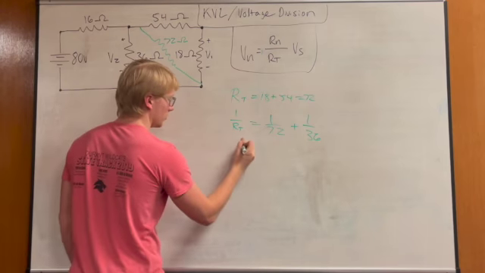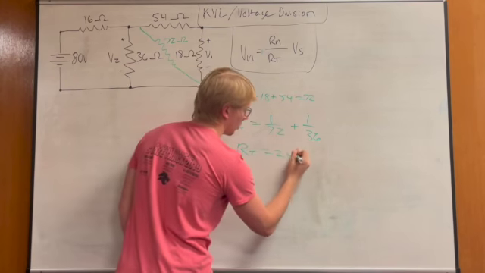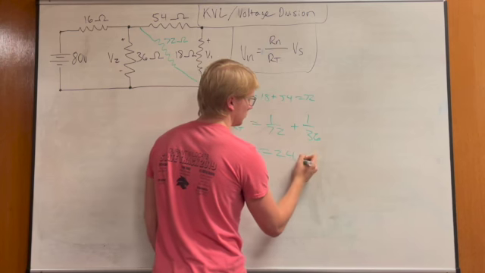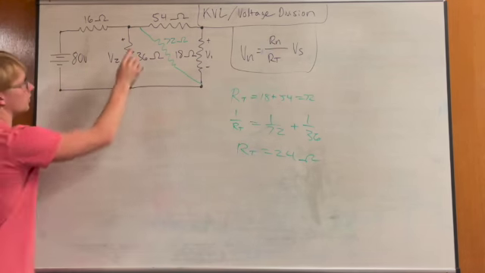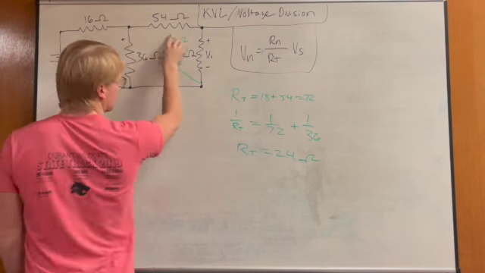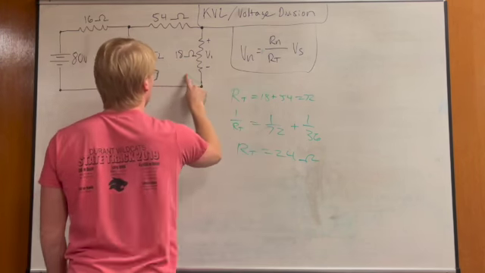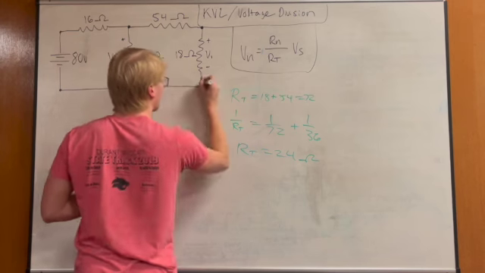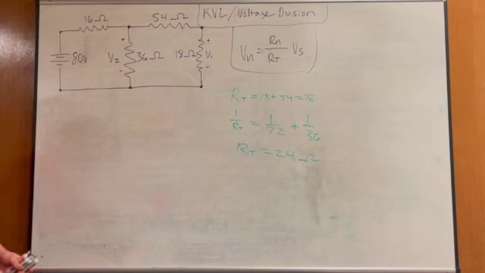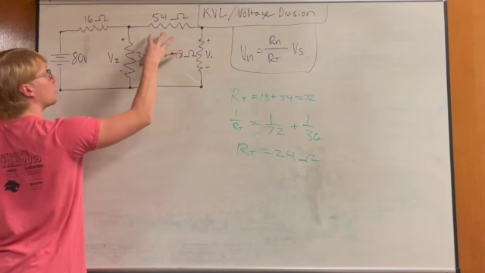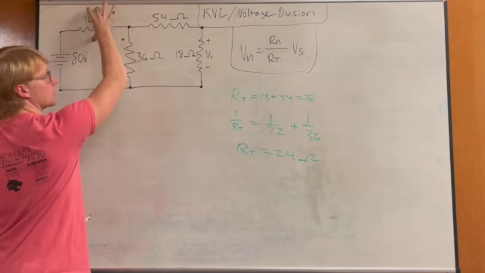When you do that math, you're going to get 24 ohms. I'm going to erase this quick. So what we have here, essentially, is a 24 ohm resistance and a 16 ohm resistance.